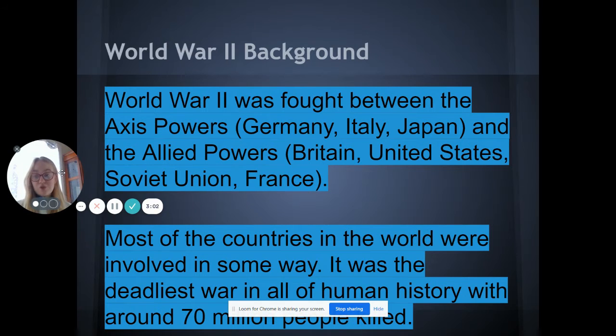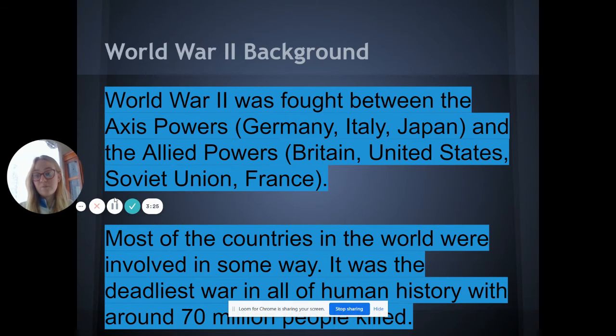Most of the countries were involved in some way, even if they were part of the Axis powers, the Allied powers, or even neutral, and they didn't take a side. It was the deadliest war in all of human history, with around 70 million people killed. So it was very devastating for those countries that were involved, and even those countries that did not want to get involved.